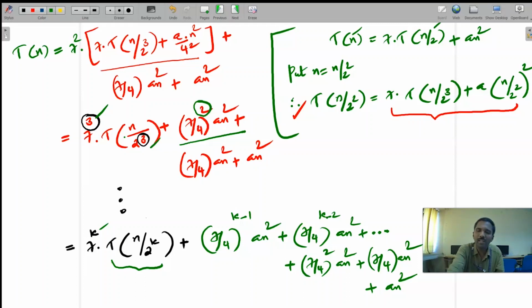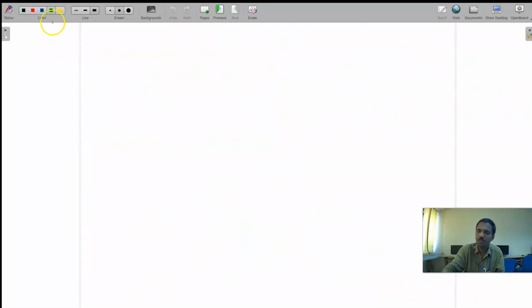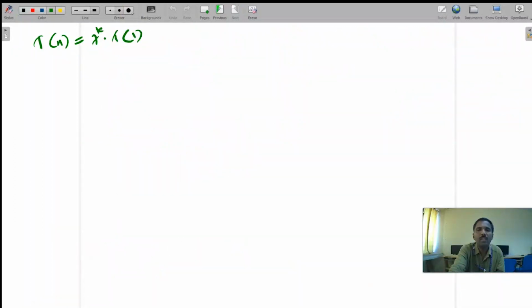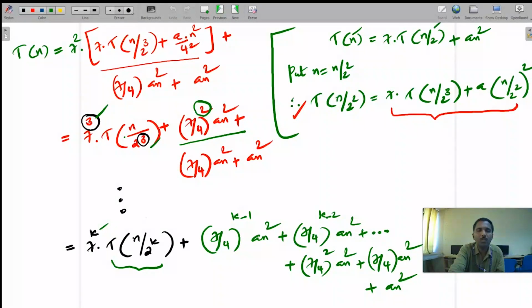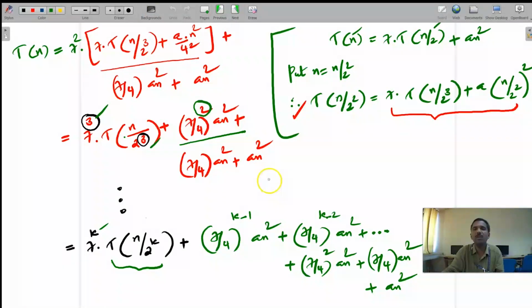Writing in the next stage, replacing n is equal to 2 power k, t of n is equal to 7 power k into t of n by 2 power k. Since n is equal to 2 power k, n by 2 power k becomes 1. Then plus the remaining terms need to be simplified.